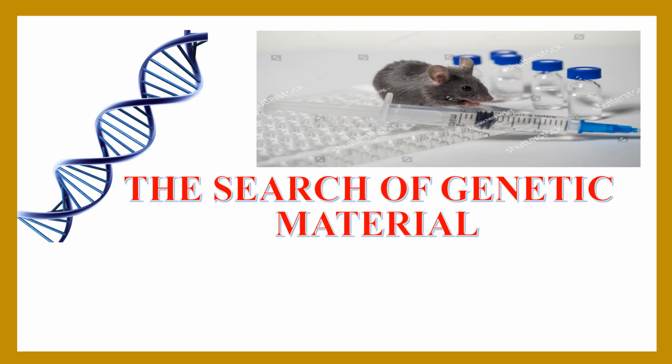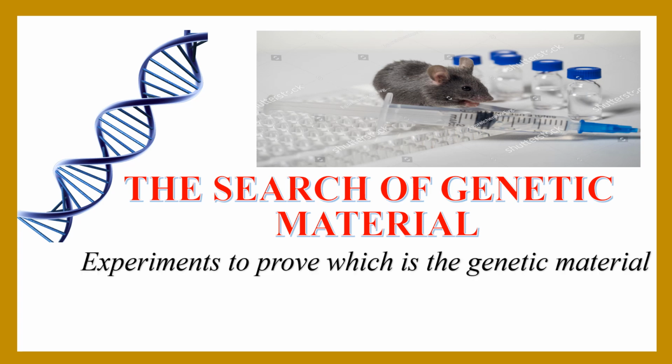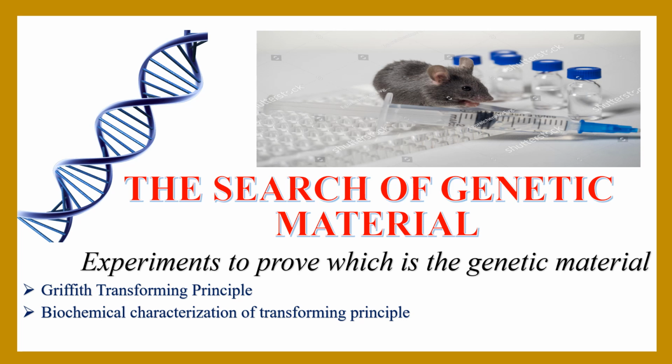Many scientists conducted many experiments to prove which is the genetic material. There are some experiments for our studies: Griffith transforming principle, biochemical characterization of transforming principle, and the Hershey and Chase experiment.